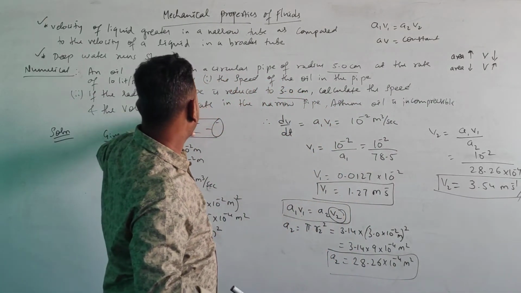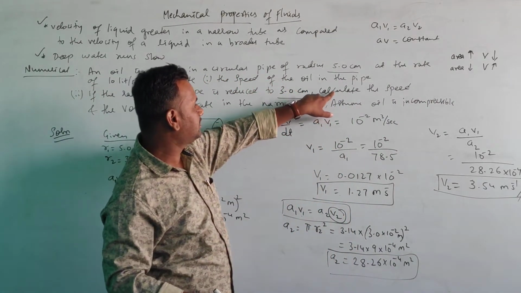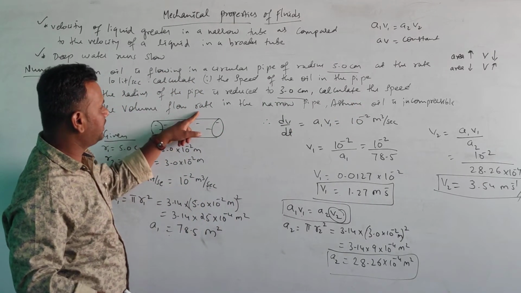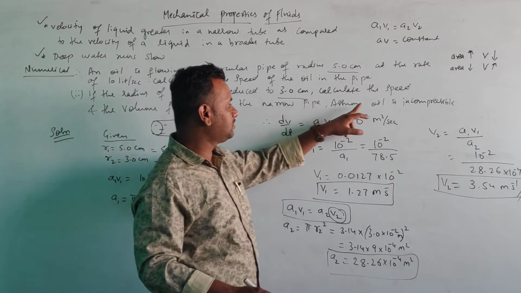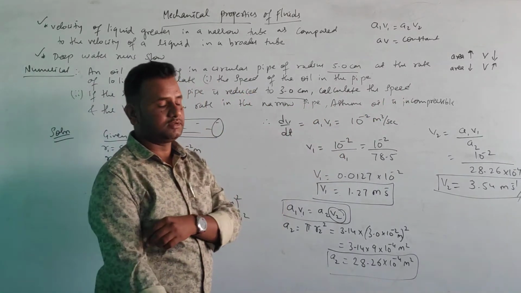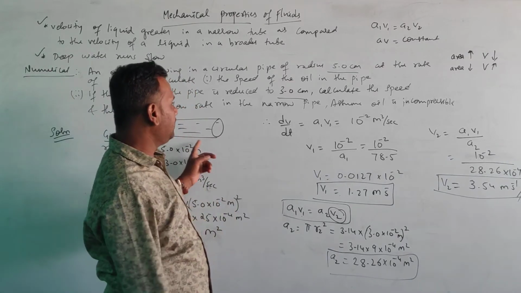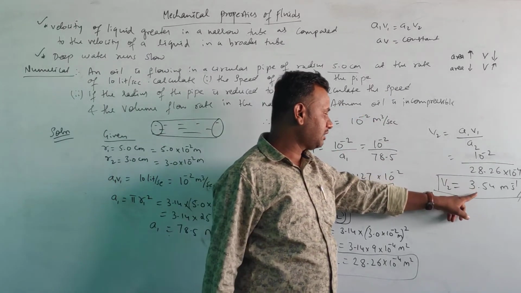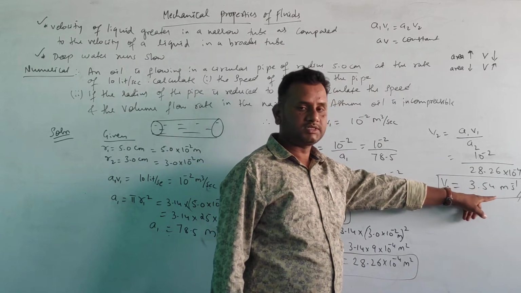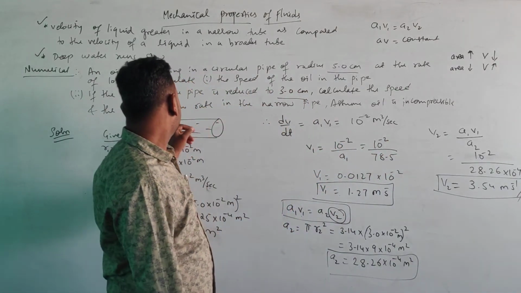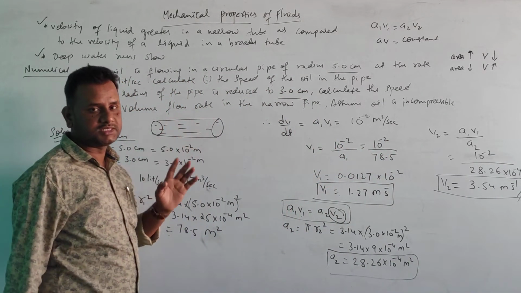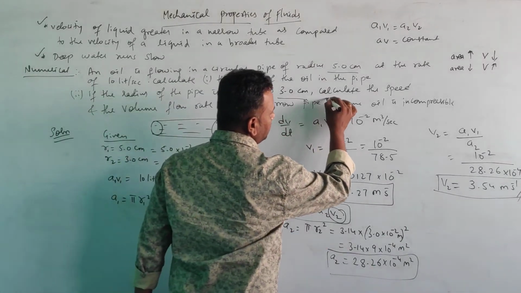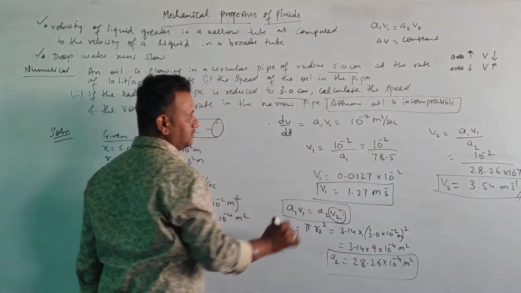That is the answer for the second question, calculating the speed and the volume flow rate in the narrow pipe, assuming the oil is incompressible. The speed of the oil in the narrow pipe with radius 3.0 centimeter will be 3.54 meter per second, and the volume flow rate will be the same, because the question says the oil is incompressible.